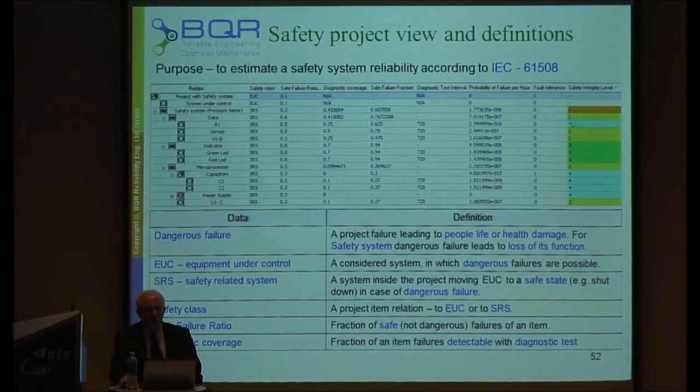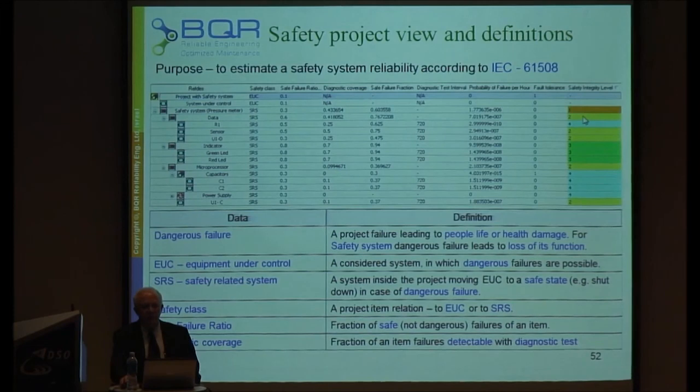So you can see here, I just took it as an example. This is level 1, and the best is level 4. So you can see that the safety system here is level 1. So our pressure meter is not safe to use because there is not enough redundancy.